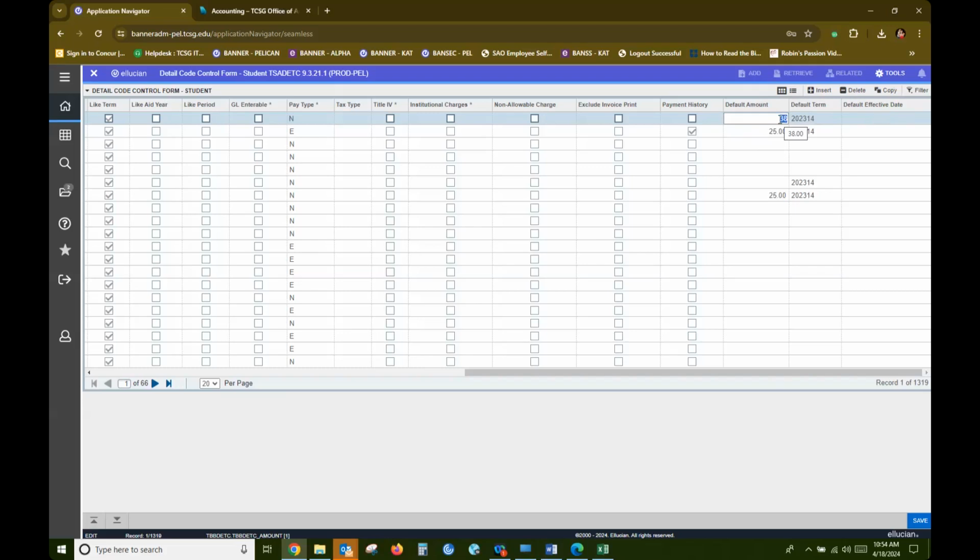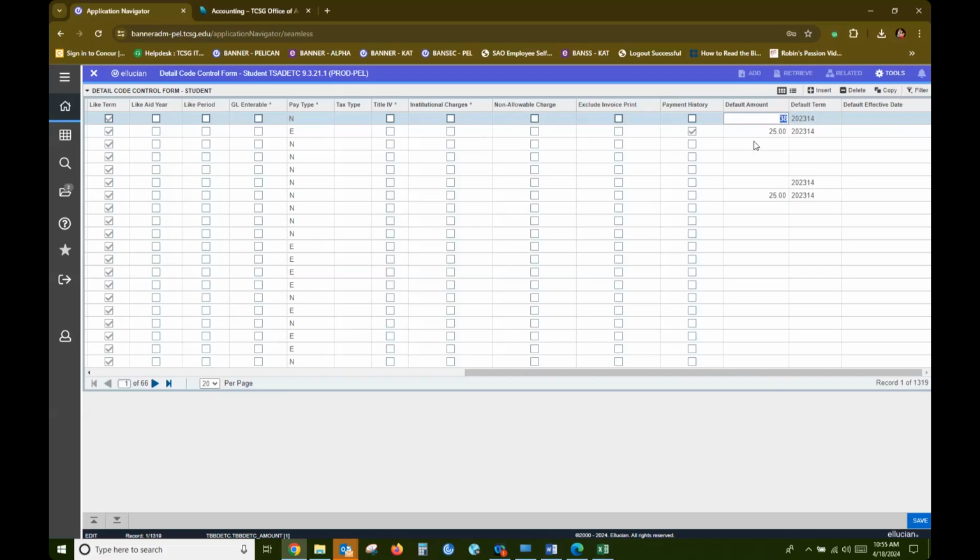If not, when your cashiers are entering in your ACTI and they hit the tab key, that $38 and the 2023-14 term is going to automatically pop in to TASREV for them. So if that's wrong, they have to pay attention and go back and change it, or they have to notify somebody that it's going in wrong so that person can update the information.